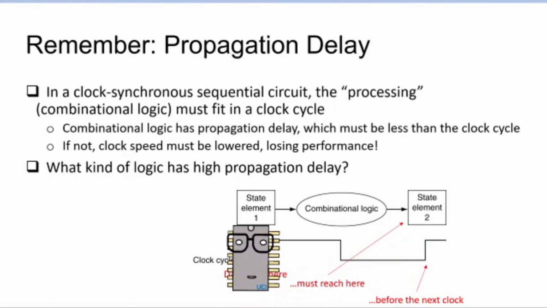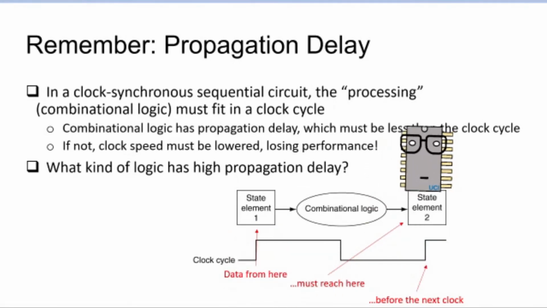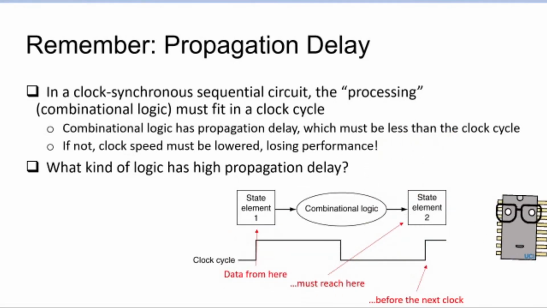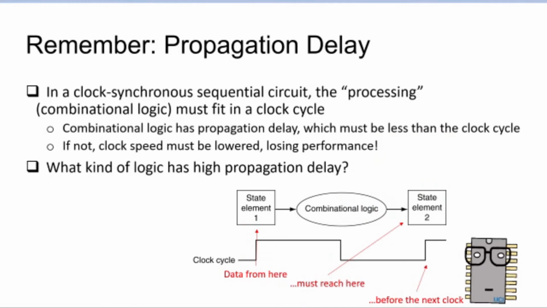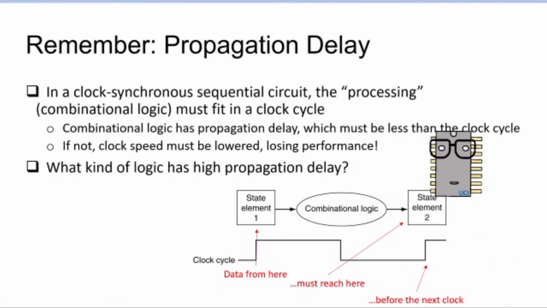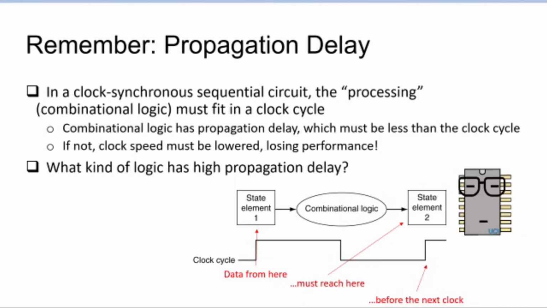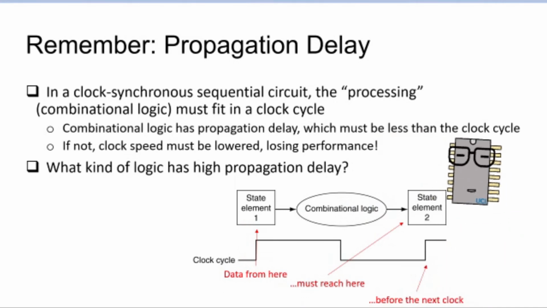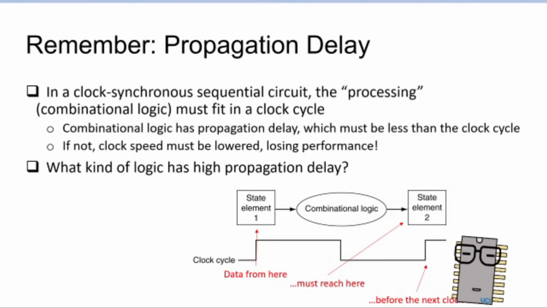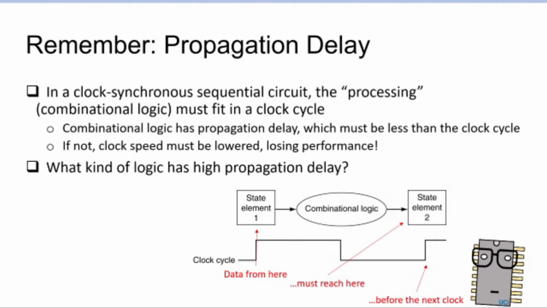So data starting out from here must arrive here before the next clock cycle can begin, because the data needs to be stabilized in this second state element so that whatever operation that depends on this value that starts on the next clock signal can be correctly done.